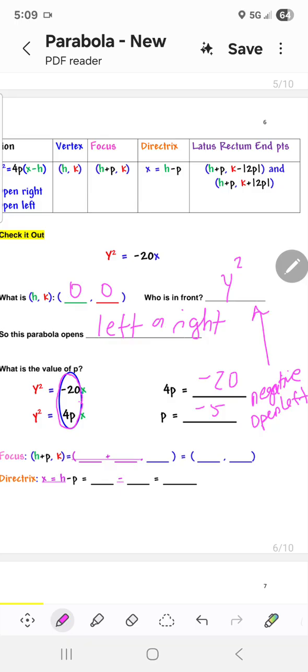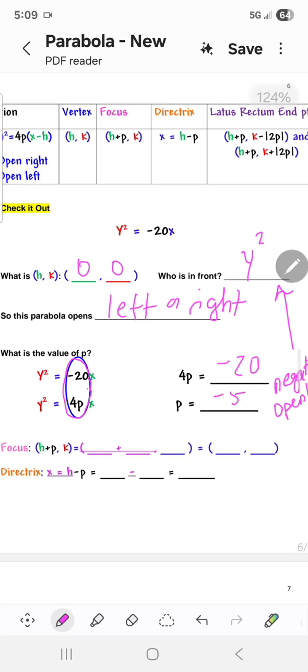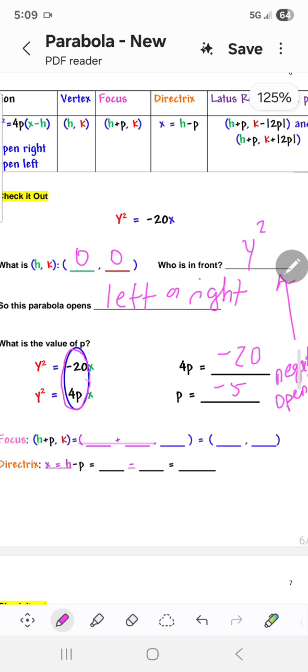Oh, okay. So now I can go ahead and I can figure out some points here. Again, I know H, I know K, I know P. So for my focus, it is H, that's a 0, plus P, negative 5, comma, K is 0. So that just gives me a negative 5, 0.